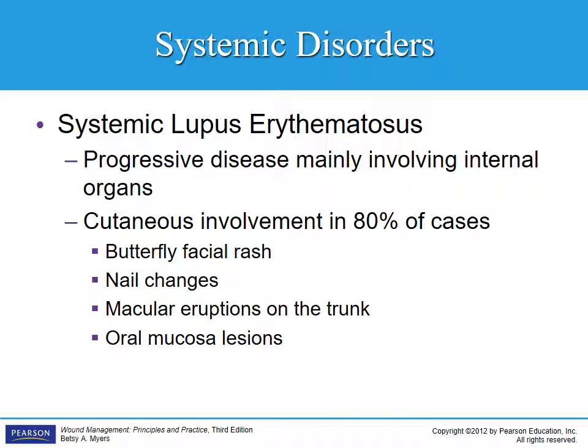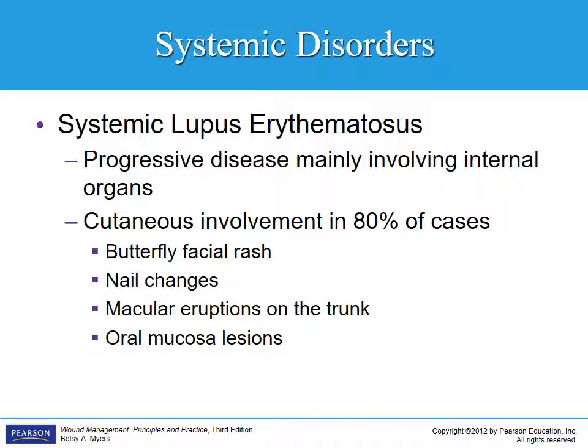You see cutaneous involvement in 80% of cases. So there's a butterfly facial rash. You see changes in the nails. There are macular eruptions on the trunk, and there are lesions in the oral mucosa, like inside the mouth or inside the vagina of a woman. But these are symptoms of SLE.